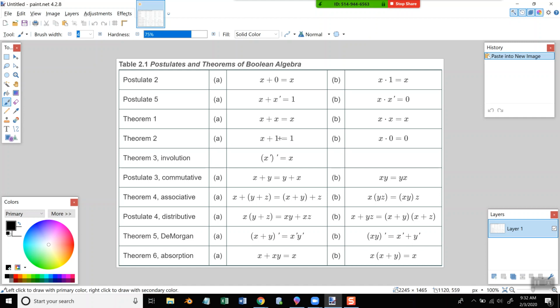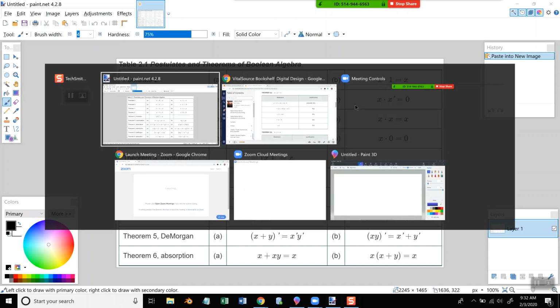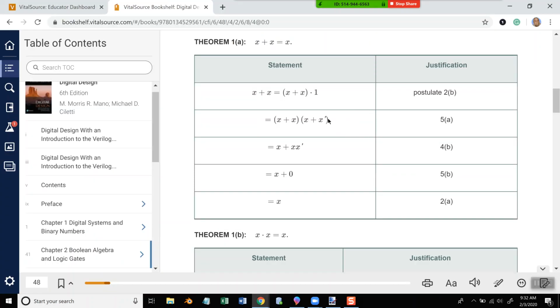Now, the idea is you just use postulates if you can. If you use theorems, you should have proved those before these. So you can't use an unproven theorem, basically. So on this one, we rewrite 1 as x or not x.